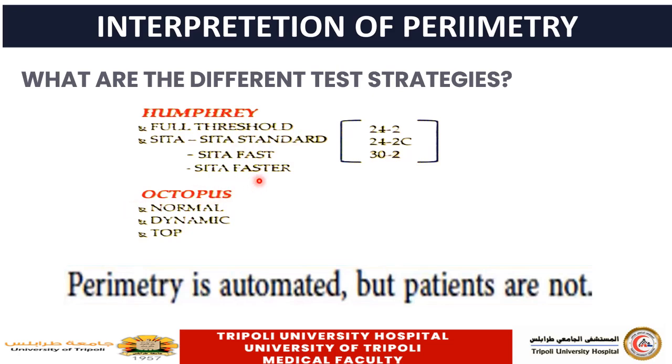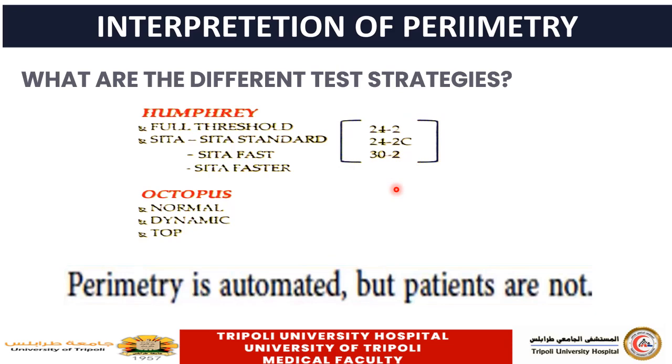If your patient is not tolerant to staying for a long time in the machine and you want to shorten the test, you can go for SITA fast, or you can go for the dynamic strategy, and so on. So you have to know the difference between the different strategies, and you choose the strategy that suits your needs and suits your patients.